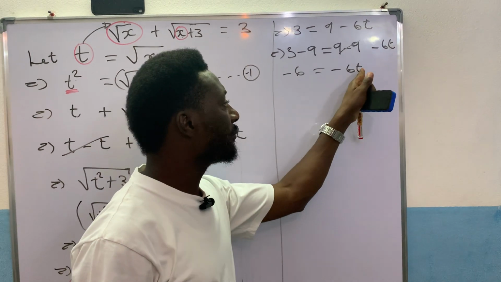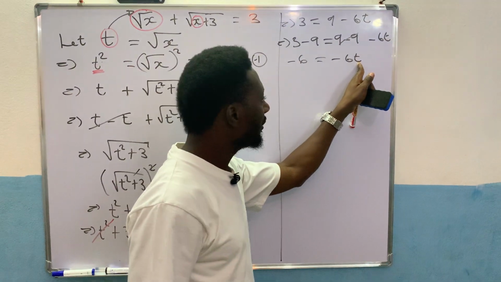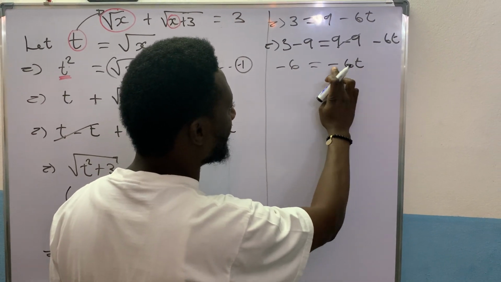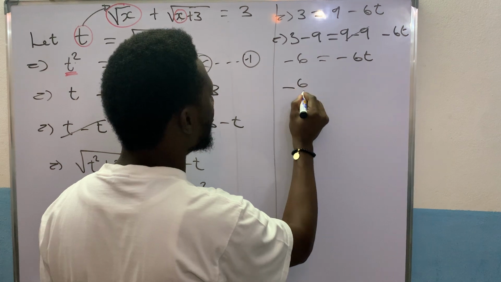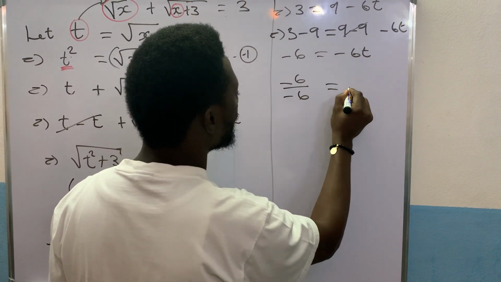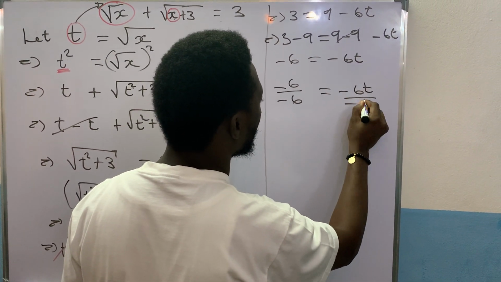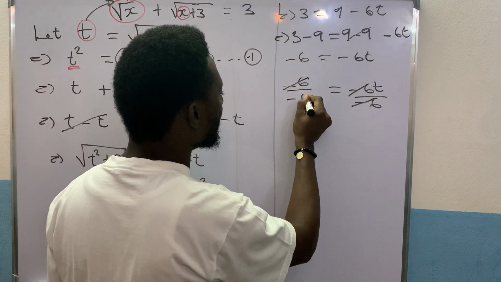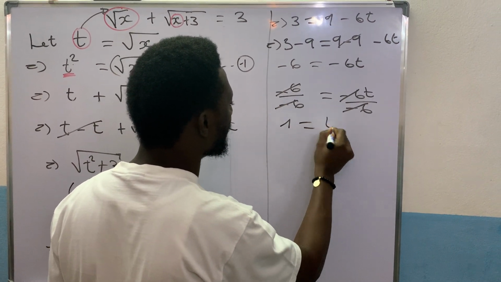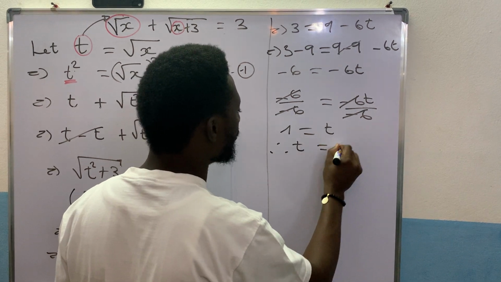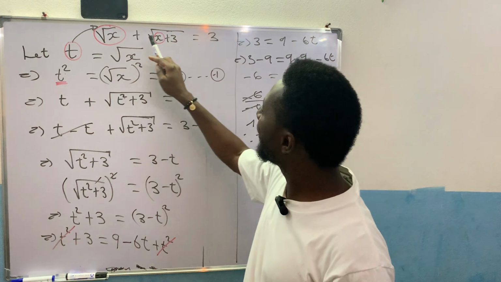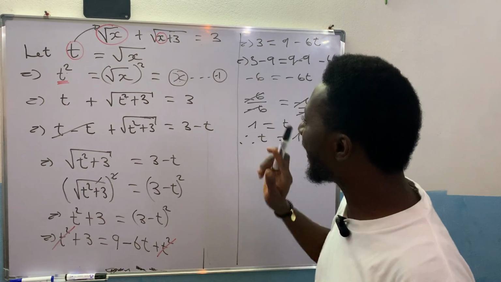I need to obtain a value for my t. To do that, I divide both the left hand side and the right hand side by negative 6. So negative 6 over negative 6 is equal to negative 6t over negative 6. The negative 6s cancel out, so 1 is equal to t. Therefore, t equals 1. But regarding the original question, we were looking for a value for x and not t.